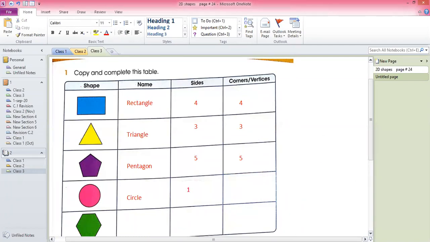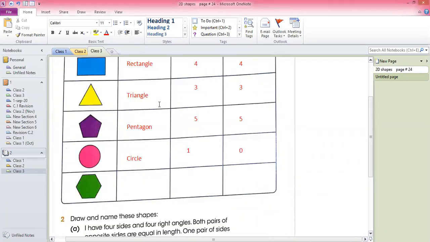And how many corners does it have? It doesn't have any corner. So that will be 0. Is that clear, guys? Yes, sir. Very good. A circle is also a 2D shape and it has one side and 0 corners.